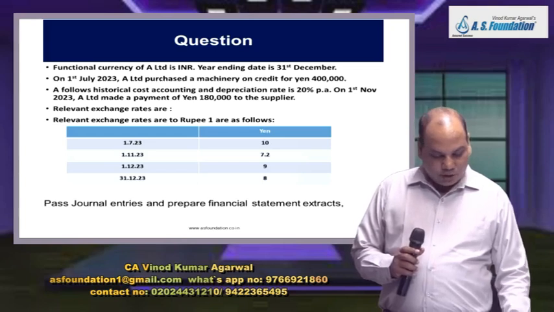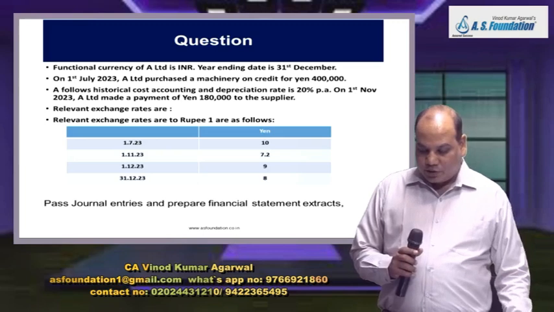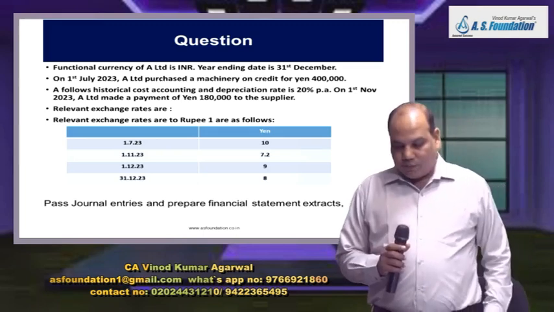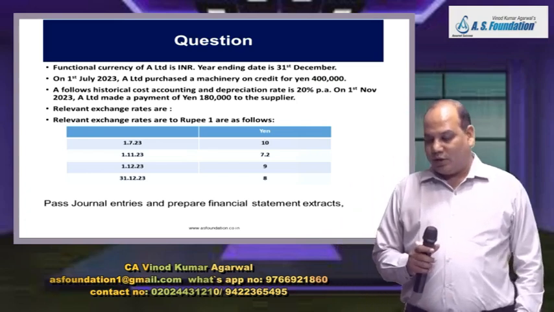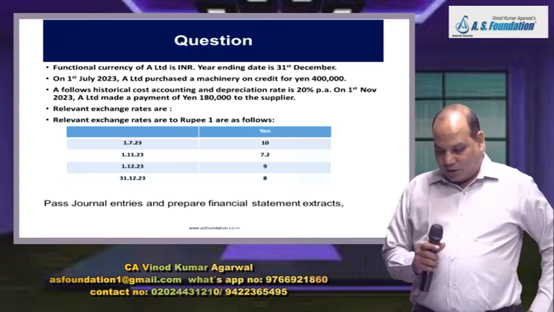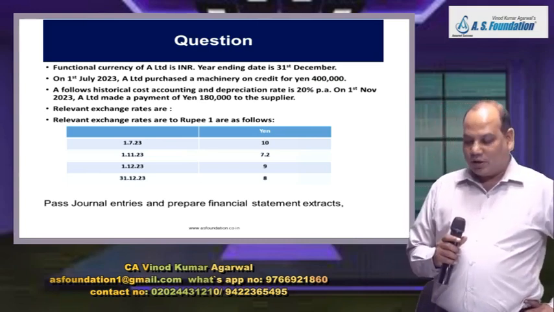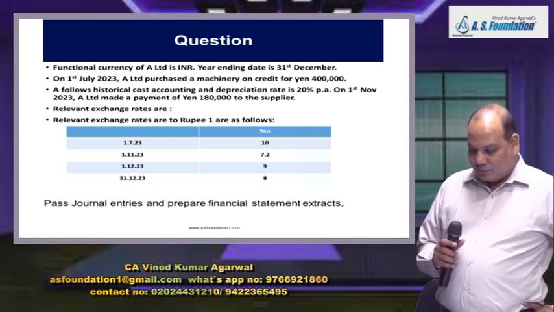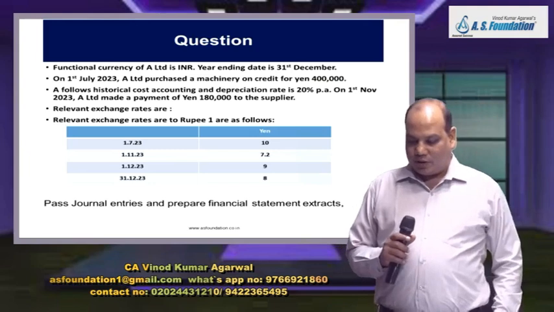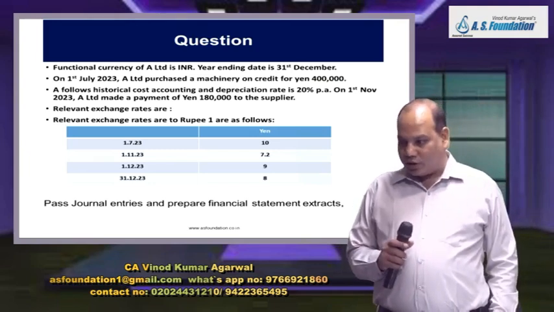On 1st July 2023, A Limited purchased a machinery on credit for 4 lakh yen. Yen is the currency of Japan. And A follows historical cost accounting, underline. So that once you value the machinery, that will appear at the same rate. And depreciation is 20%. That will also be based on historical rate.